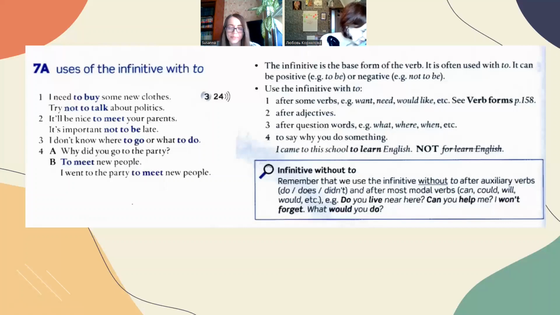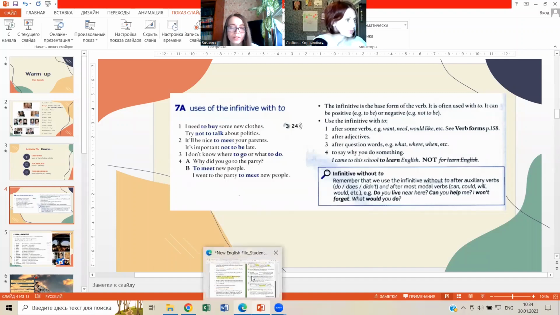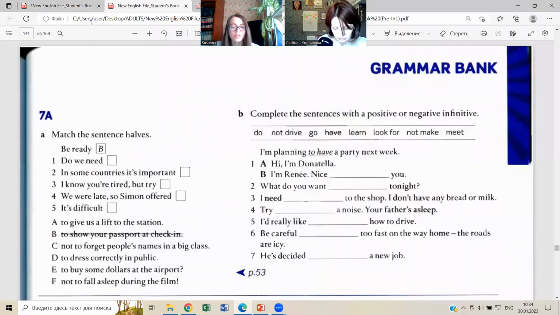Okay, let's practice. So please open page 139 in our student's book. 7a, part A. Match the sentence halves. So example, be ready to show your passport at check-in.